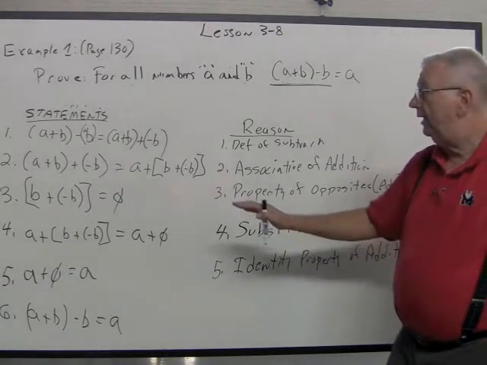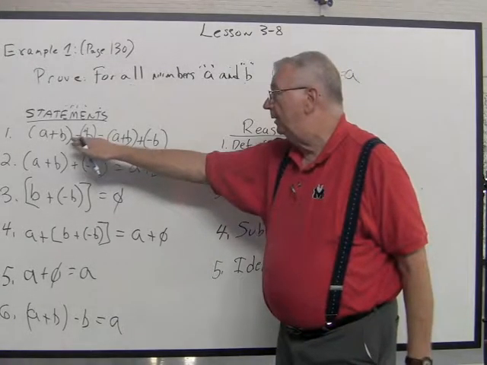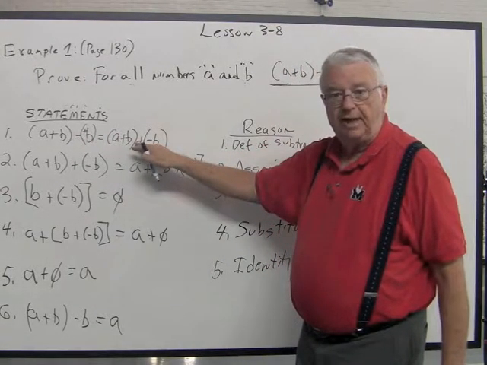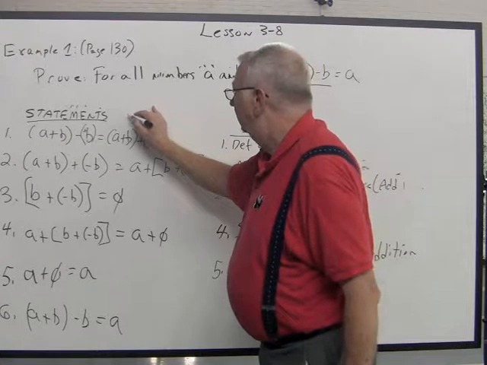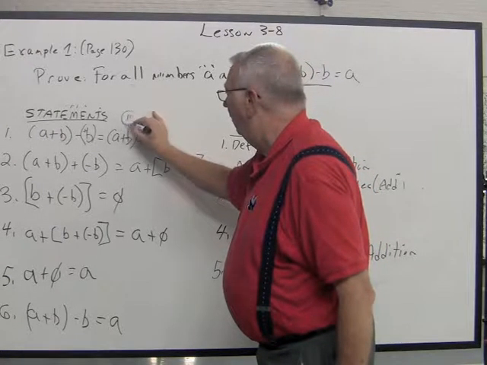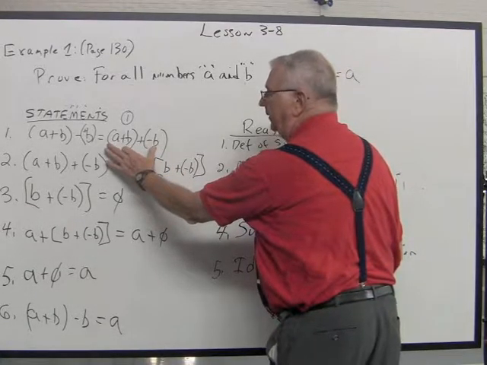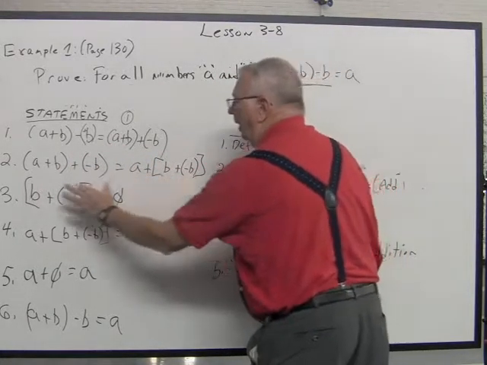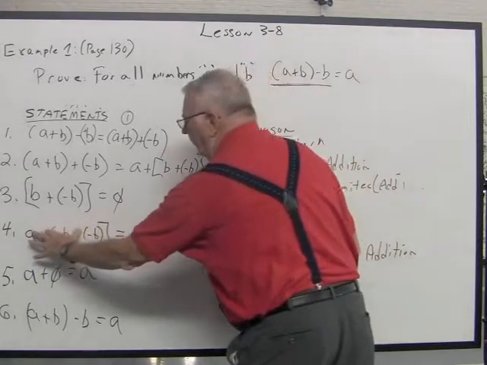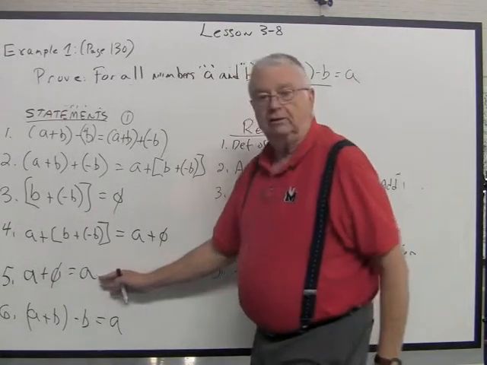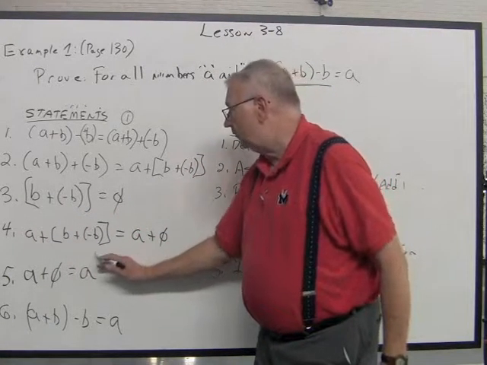So what we're saying is we started out with this statement, that's equal to that. That's, say, one statement. Then we worked with this all the way through till we got to a plus 0 equals a.